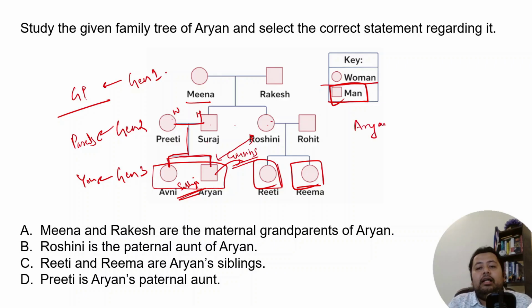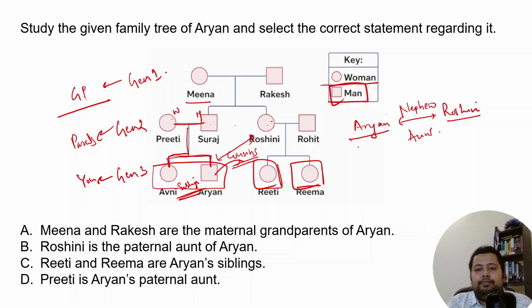Aryan is the nephew of Roshni, or you can say Aryan's aunt is Roshni, right?